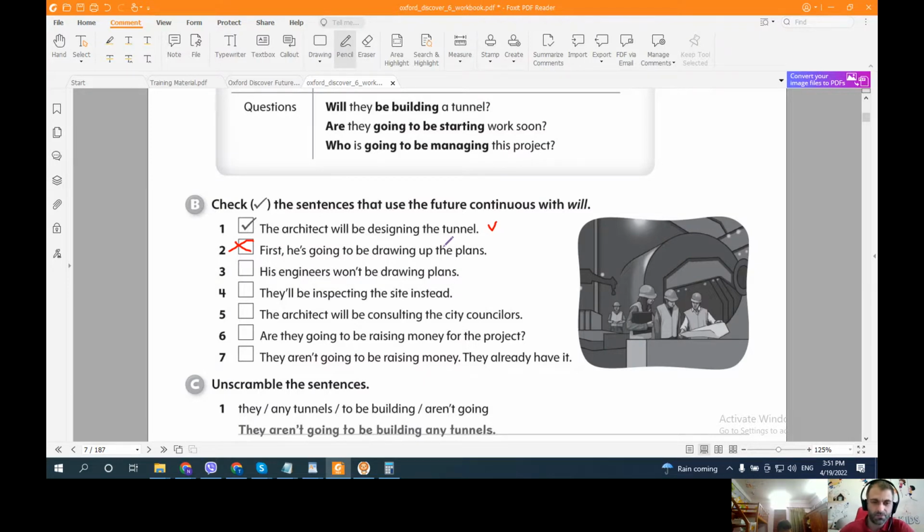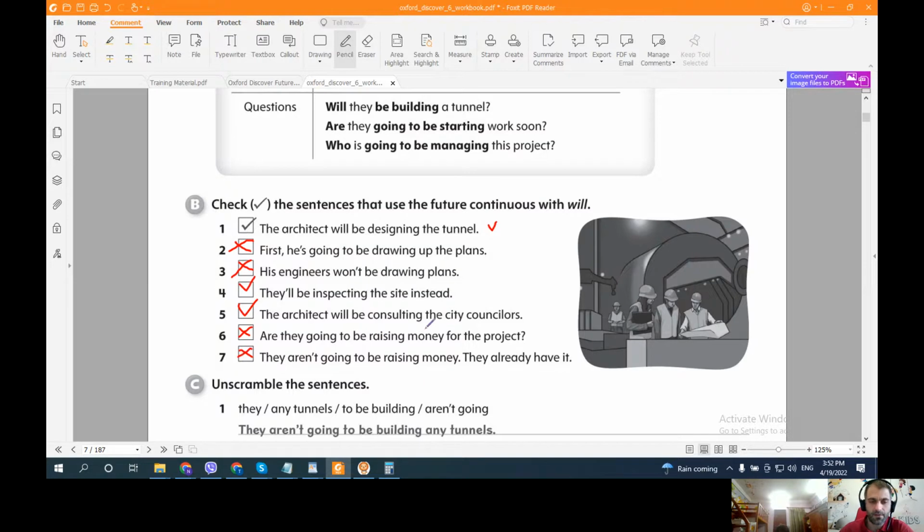No, it won't instead of Phil. Number 4. They will be inspecting the site instead. Yes. Number 5. The architect will be consulting the city councilors. Yes. Number 6. Are they going to be raising money for the project? No. And number 7. They aren't going to be raising money. They already have it. No.